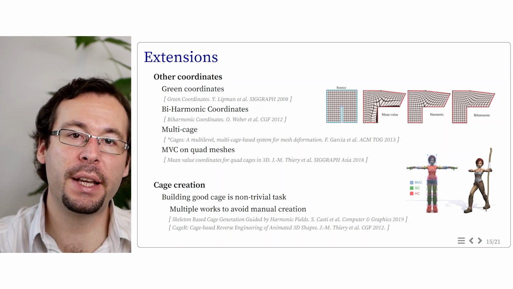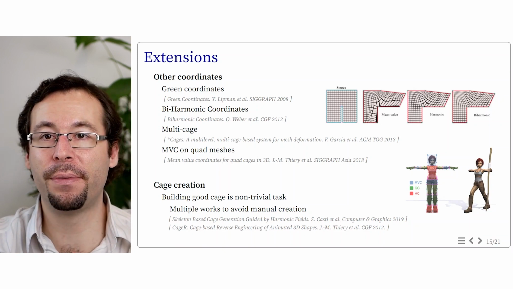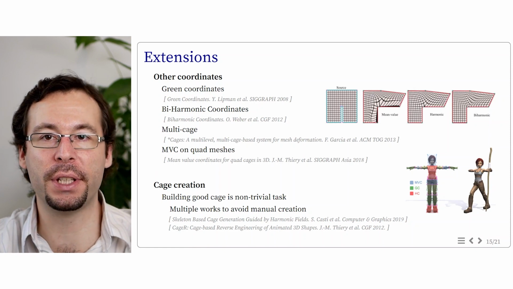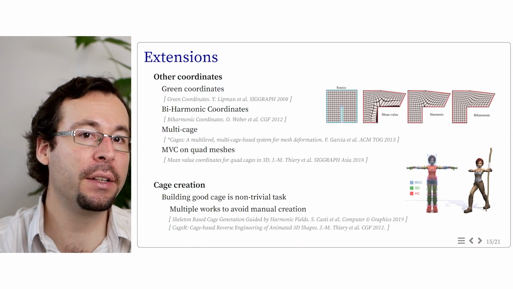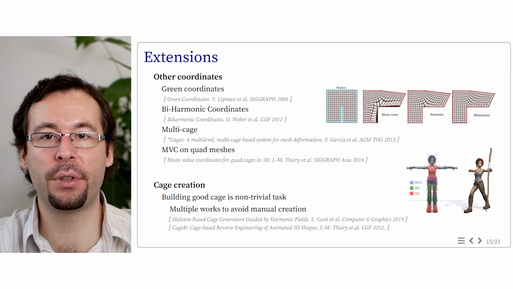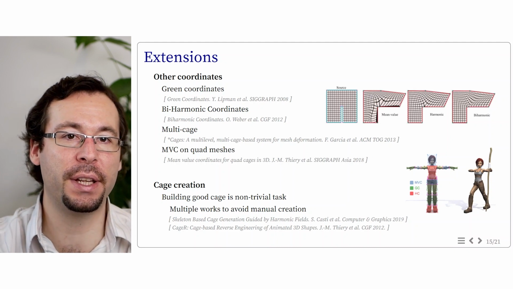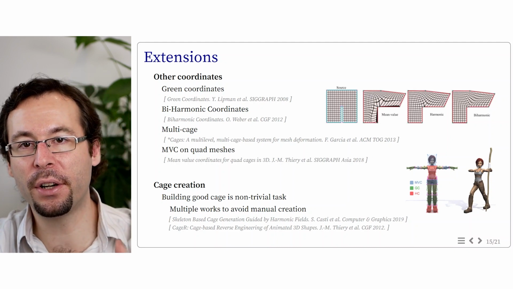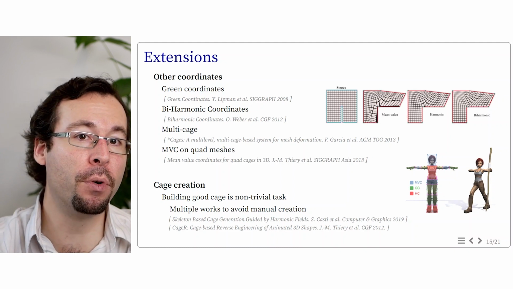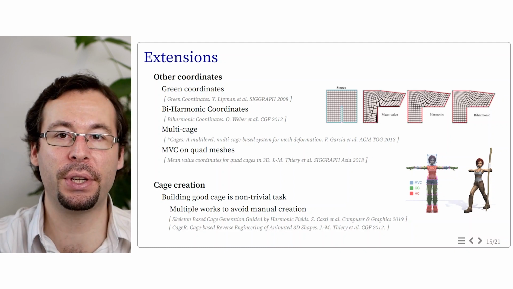Actually, harmonic coordinates are only one improvement over the class of generalized barycentric coordinates. There have also been the Green coordinates, providing a closed form solution for the harmonic kind of coordinates. The biharmonic coordinates, which even further improve the smoothness of the deformation.